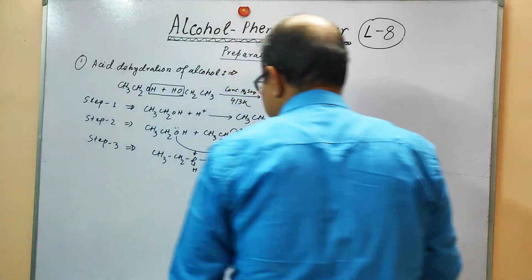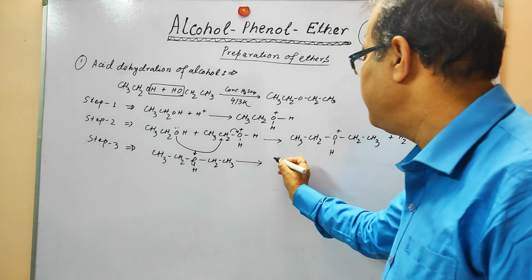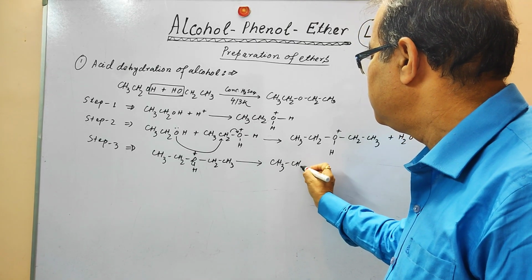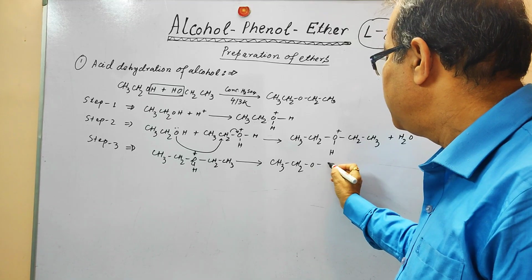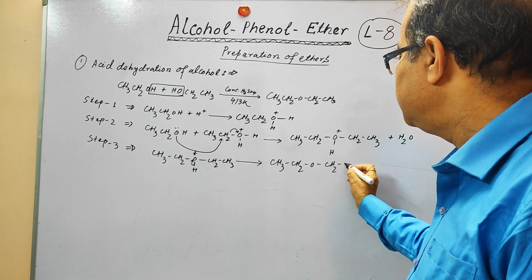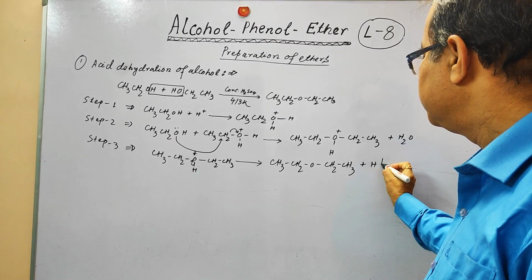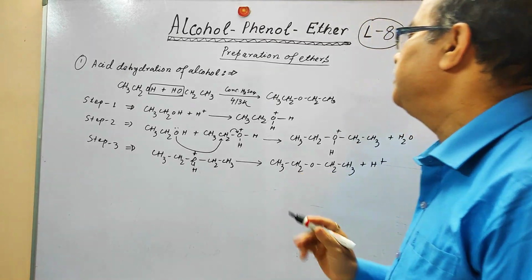The ether has been produced with the release of H plus ion. So CH3CH2OCH2CH3 and H plus ion have been produced. So ether has been produced.